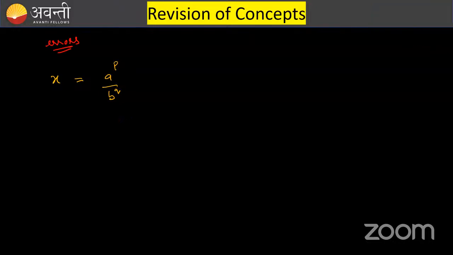P into delta A upon A plus Q into delta B upon B. Okay. Do you know the basics of how it is achieved? How did we derive this? Differentiation. Okay. Log and differentiation. Very good.